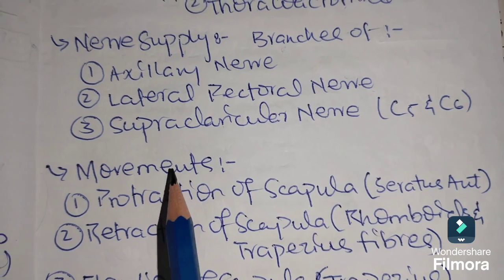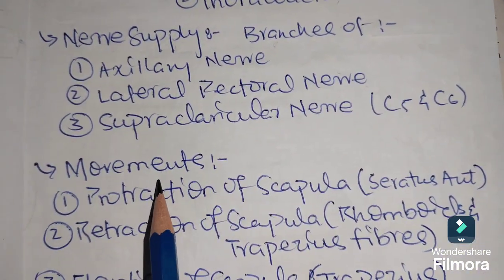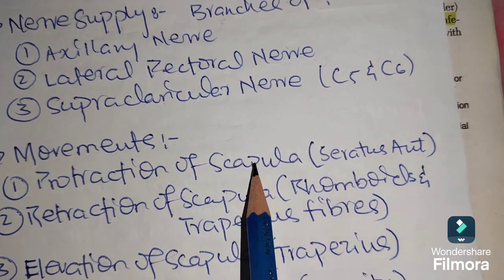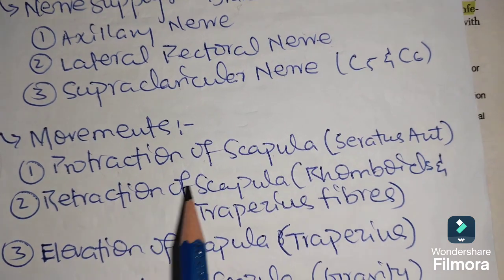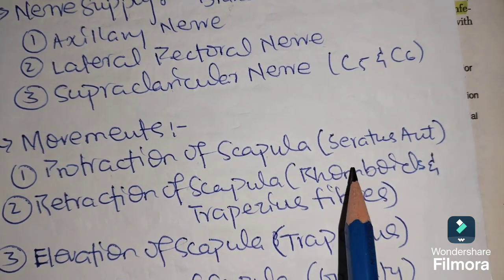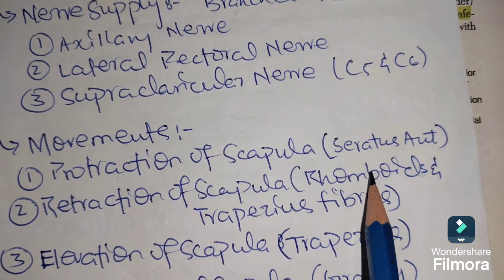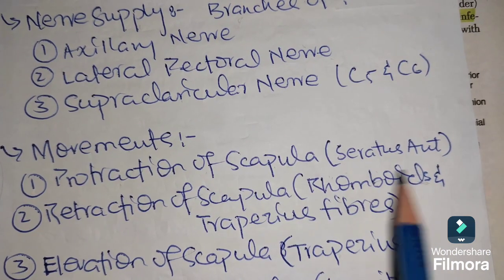The movements that exist at the acromioclavicular joint are protraction of the scapula, which is supported by the serratus anterior muscle, retraction of the scapula, which is supported by the rhomboids, which means the rhomboid major and rhomboid minor.